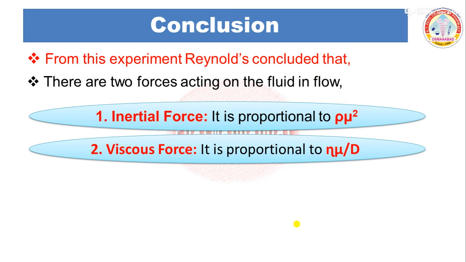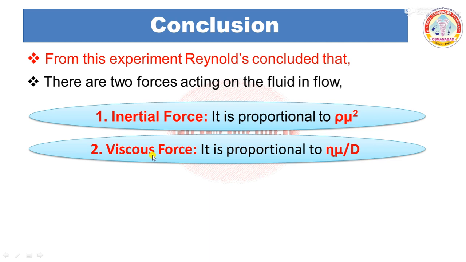And the type of flow produced in the fluid mainly depends upon these two forces, where the inertial force is the force exerted on the liquid which maintains the flow of fluid in the general direction, and this force is due to the momentum of the liquid, and it is proportional to rho u square, where rho is the density and u is the velocity of liquid.